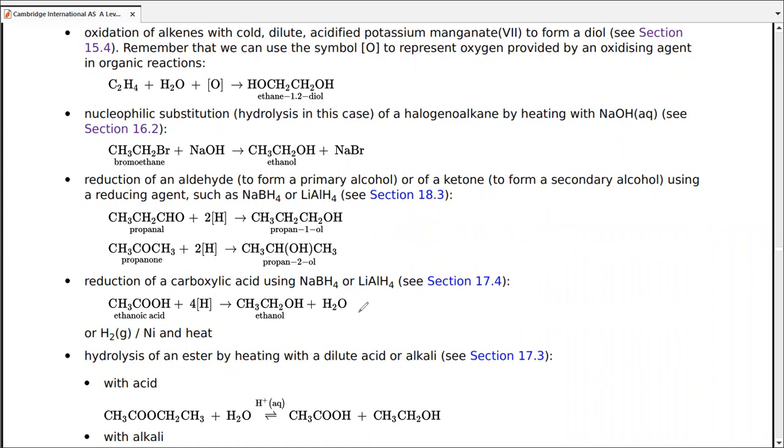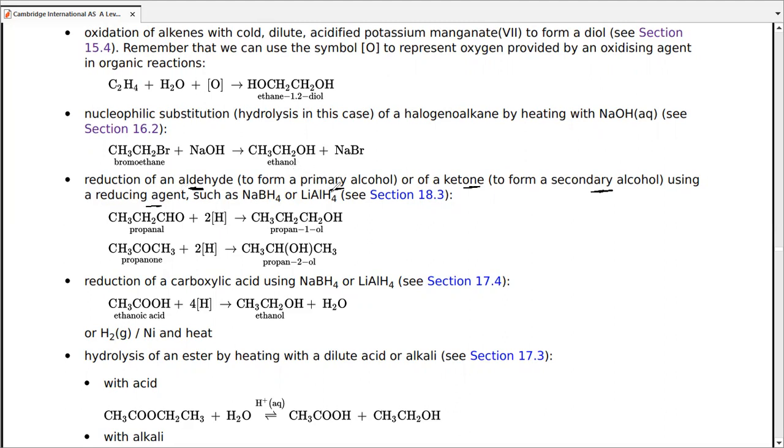Since it's in the middle of the starting and the ending chapters of the AS, it means that all the chapters that consist of formation of alcohols are listed over here, which is a good thing. So the reduction of an aldehyde group, a homologous series that we're going to study in the next chapter, to form primary alcohols, or we can use ketones, which form secondary alcohols, with a strong reducing agent.